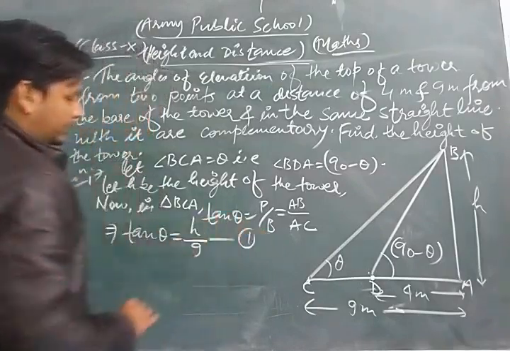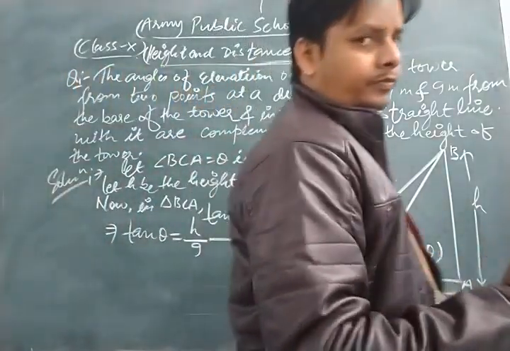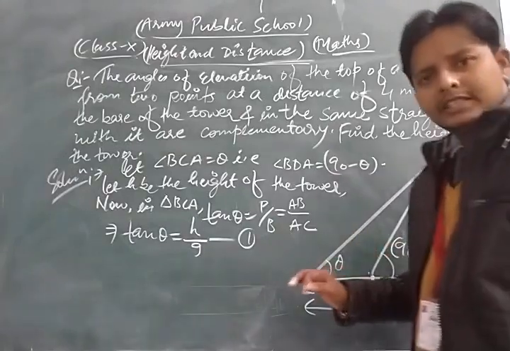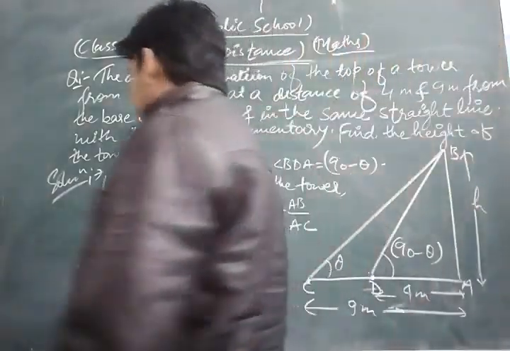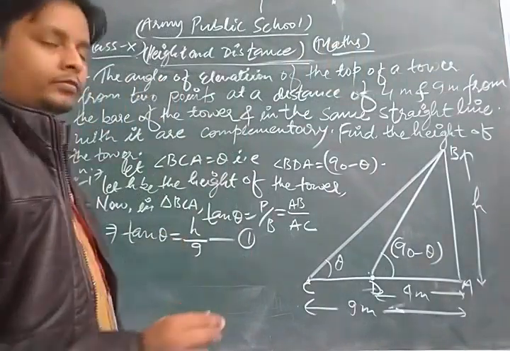Take this as equation number 1. So in this way, first of all, we take triangle BCA and from this triangle we find the relation tan theta is equal to H upon 9.